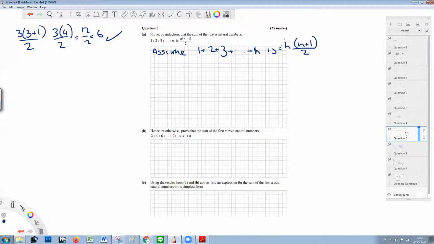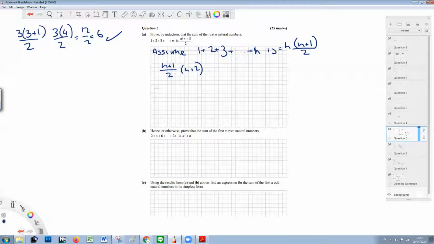So if we assume that's correct, we could also assume that h times h plus 1 over 2, so we assume the value of h is 30. So h plus 1 is going to be 31. So this time, if we want the next value, it would be h plus 2. So if that's what we have, then our equation would be correct.